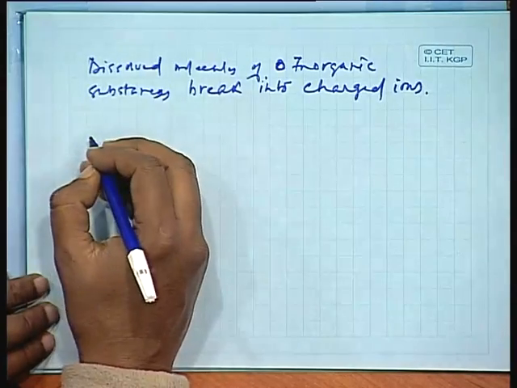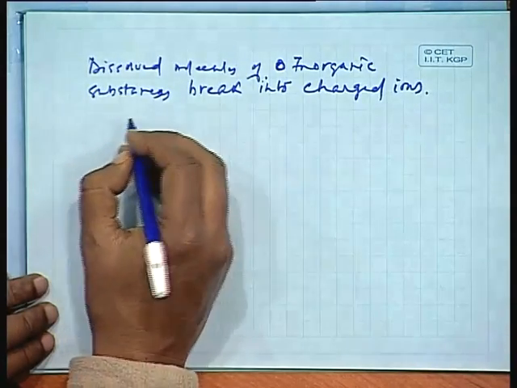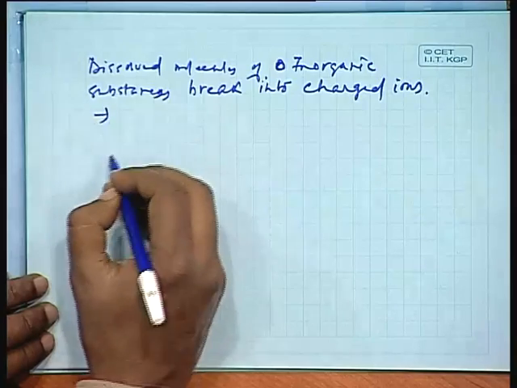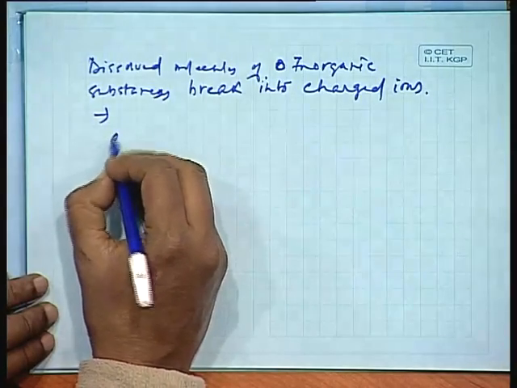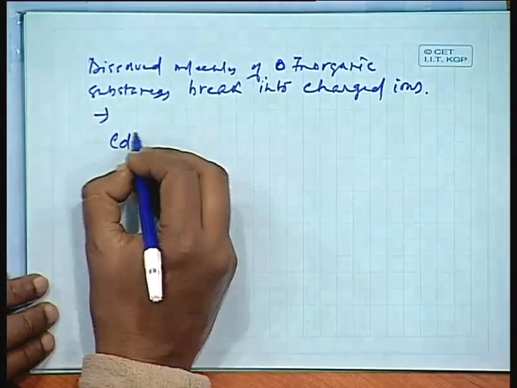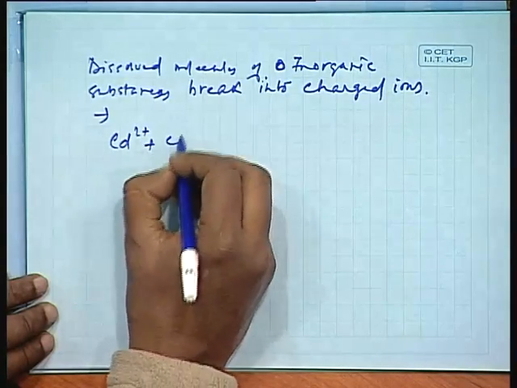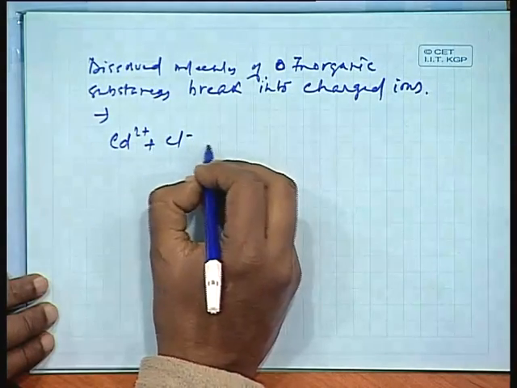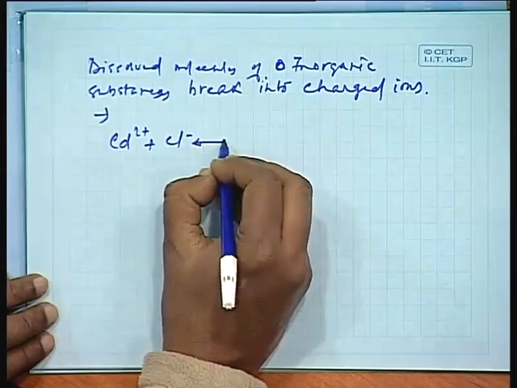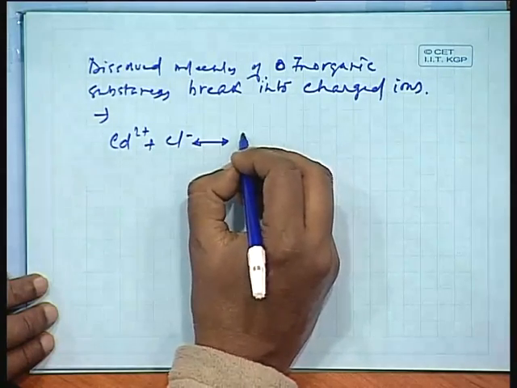These charged ions, for example cadmium, are quite interesting to observe. Cadmium in the presence of chloride ion can form, in a reversible reaction, CdCl plus.